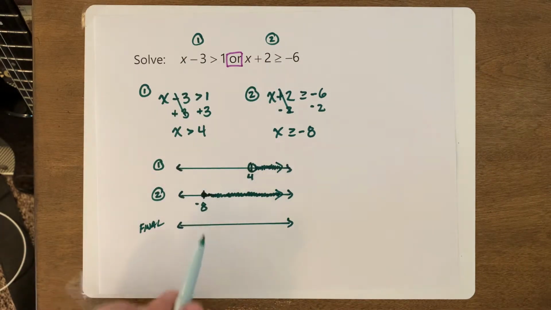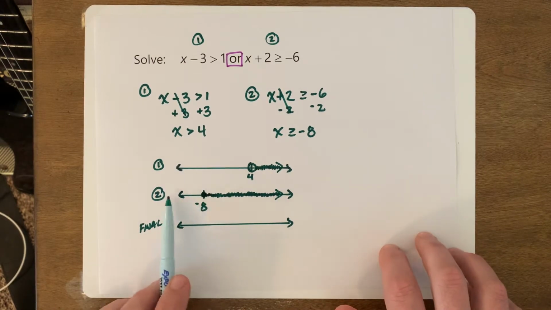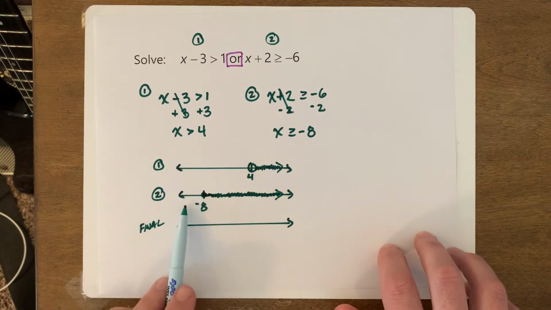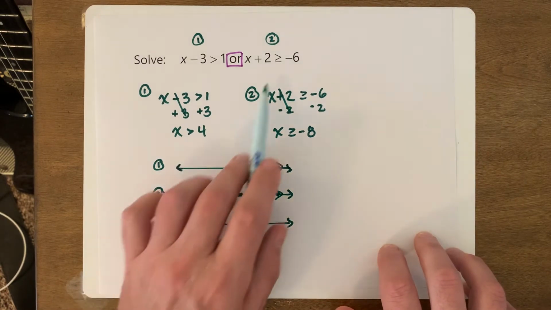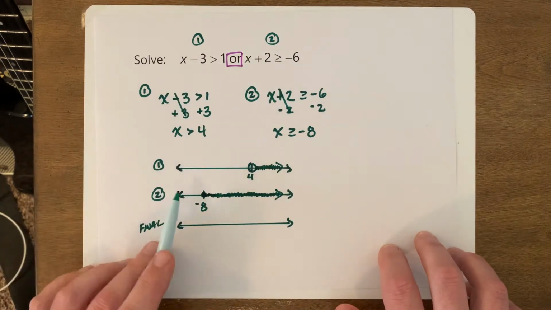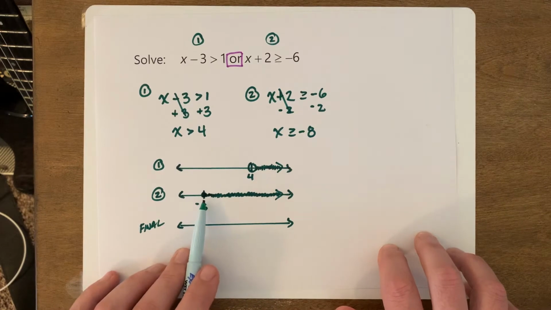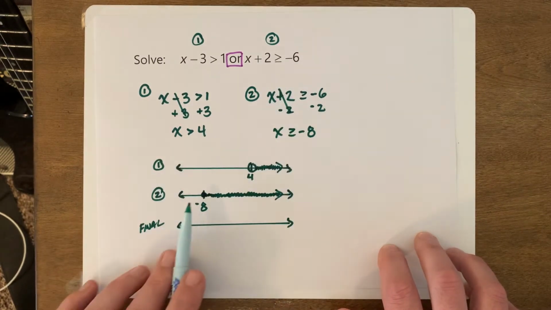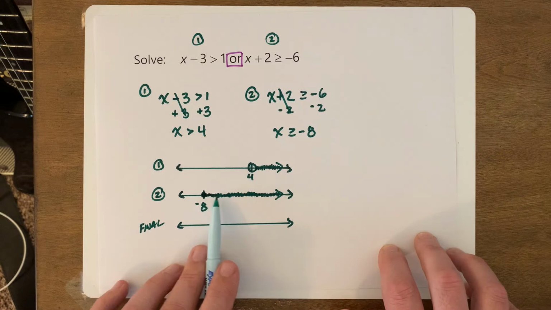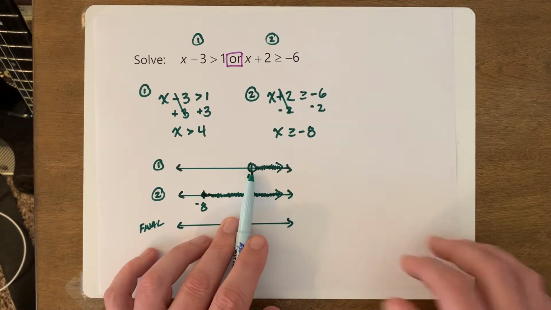If we look at these 2 number lines, any number less than negative 8 for a value of x is not going to work for either of them. You can plug in those numbers just to be sure if you want to. Negative 8 starts for this one, and it keeps going forward, and it passes over this one right here.